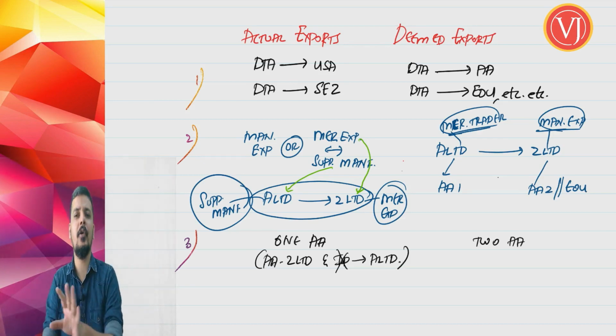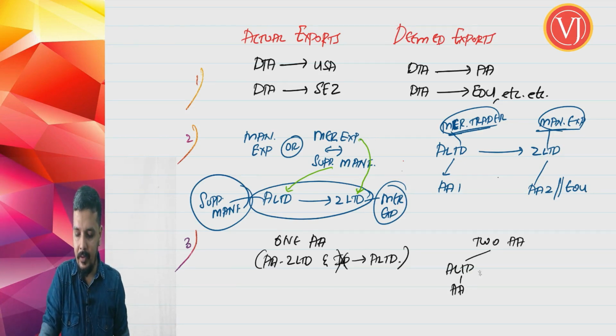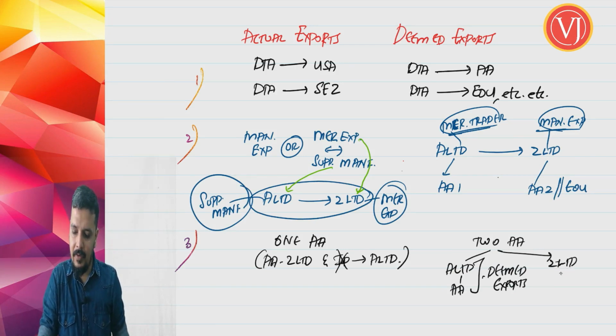I am ignoring the EOU concept, but basically there are two. A Limited is having advance authorization for deemed exports and Z Limited is having advance authorization for actual exports.